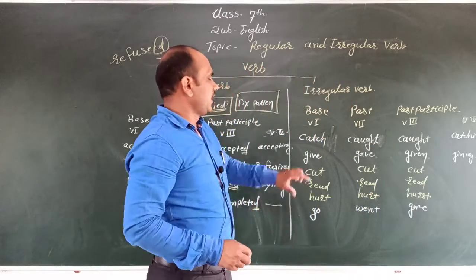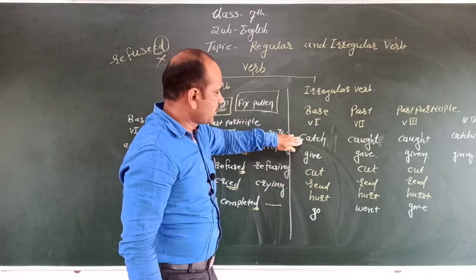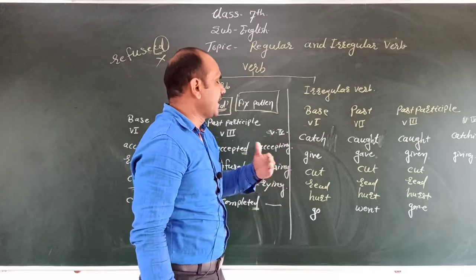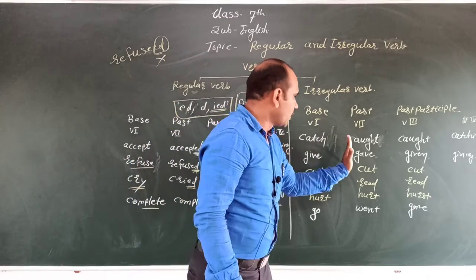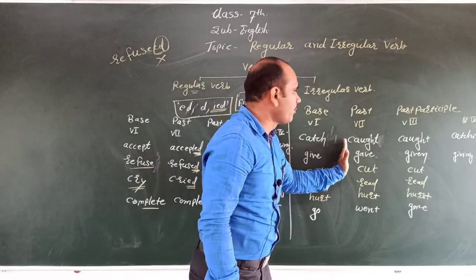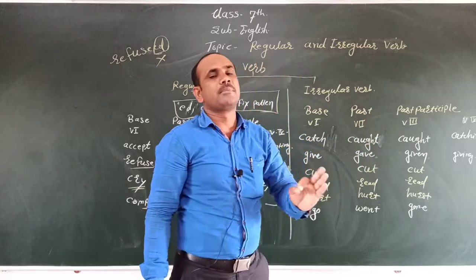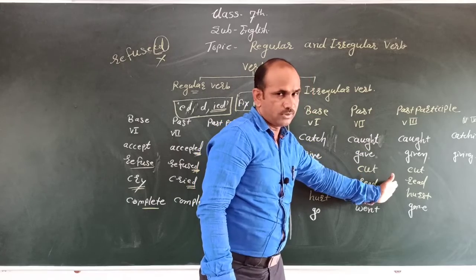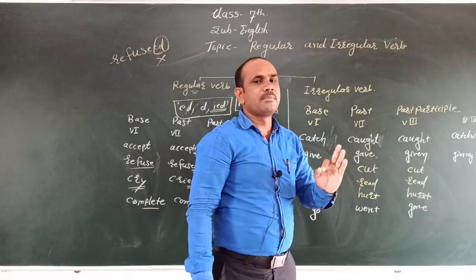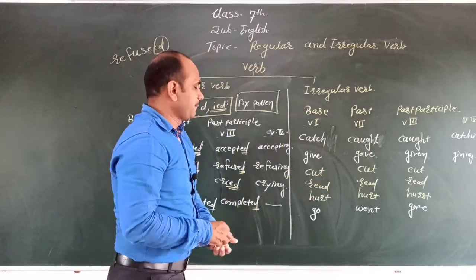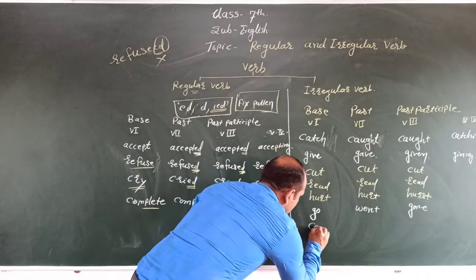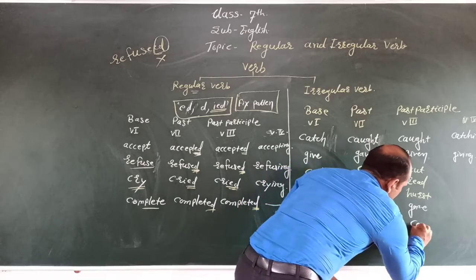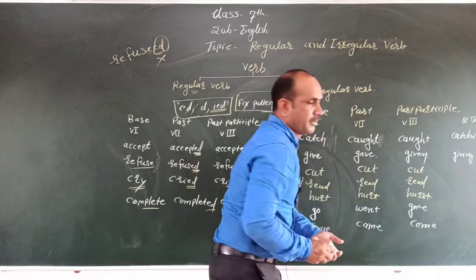Its meaning is that if we observe these examples or many other examples, that time second form and third form maximum time are the same, and sometimes another pattern is there. Another example is come, came, come and fourth form is coming.